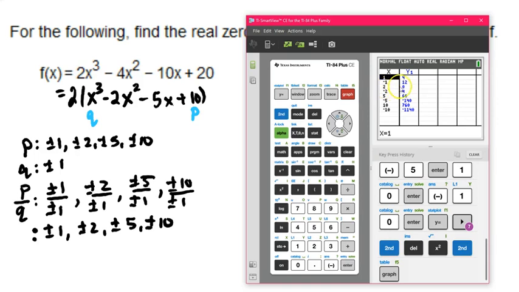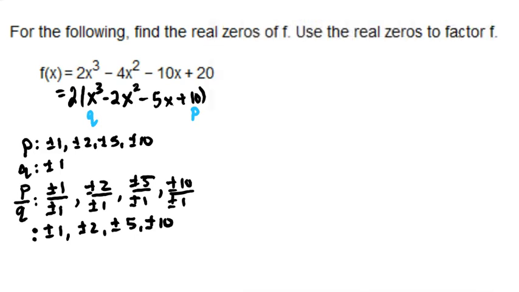And that means that we have a remainder of 0 at 2, a 0 of the function at 2, and we now have identified x minus 2 as a factor of this polynomial. So we now have a rational 0, which is 2, and we know that this polynomial has a factor of x minus 2.